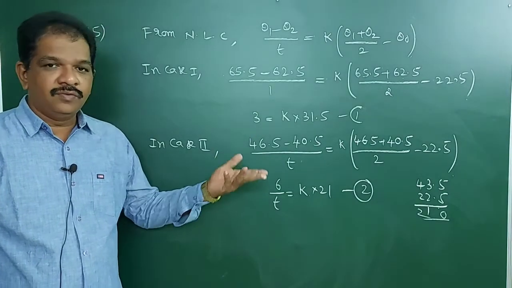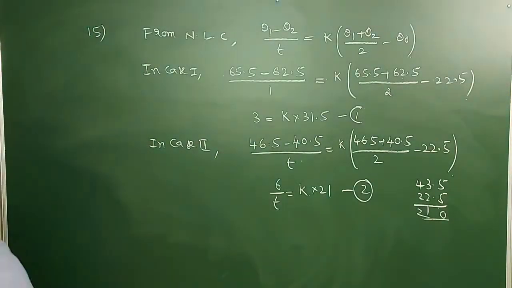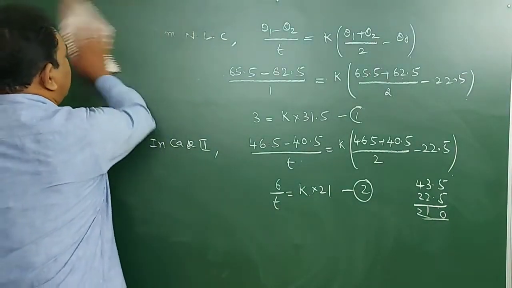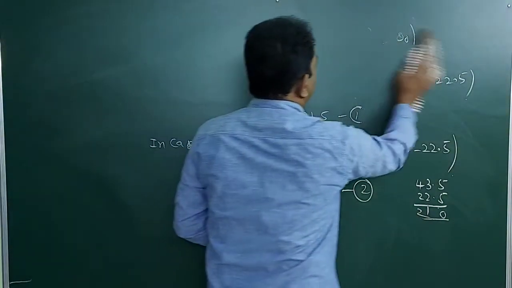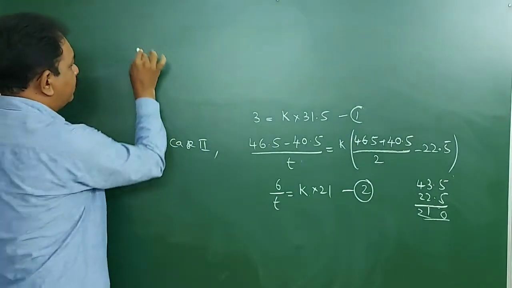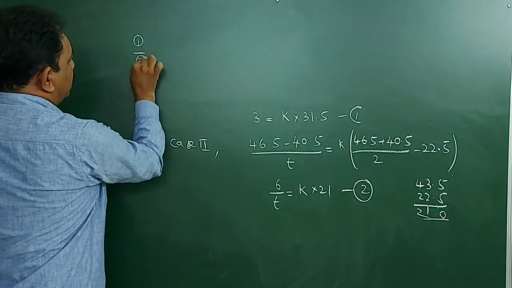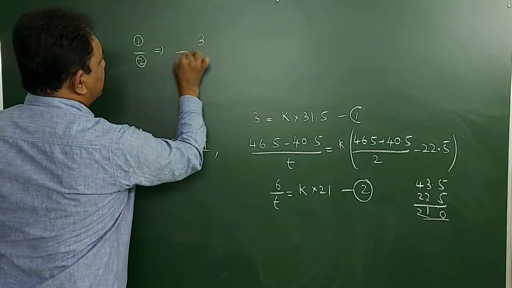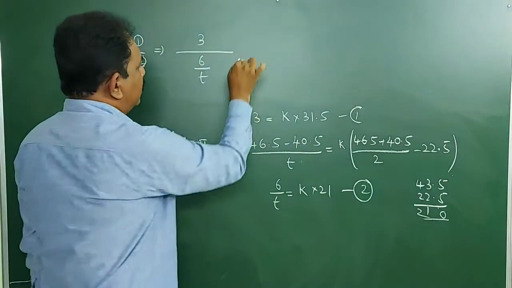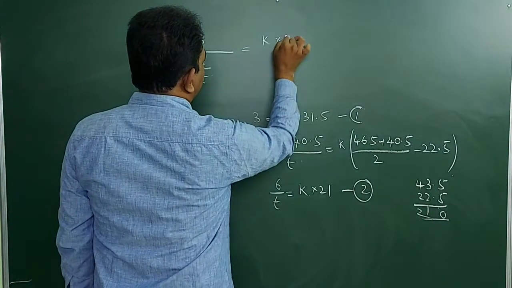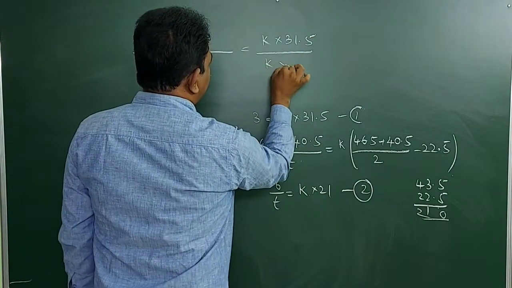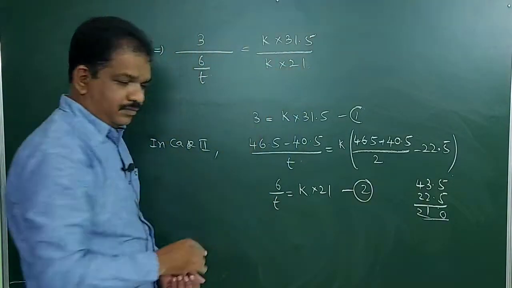Divide these two and you will get the answer, the T value. So 1 by 2: 3 divided by 6 by T is K into 31.5 by K into 21.